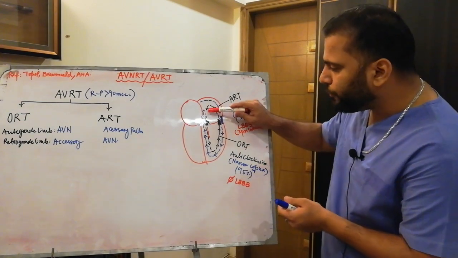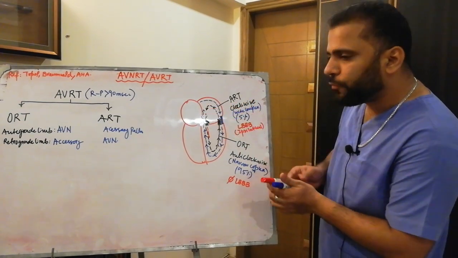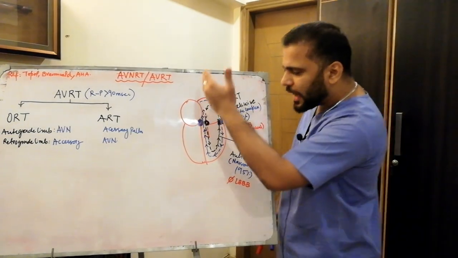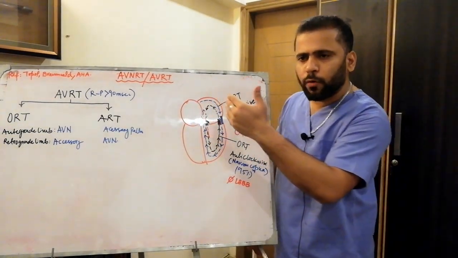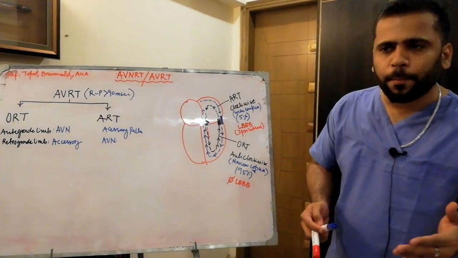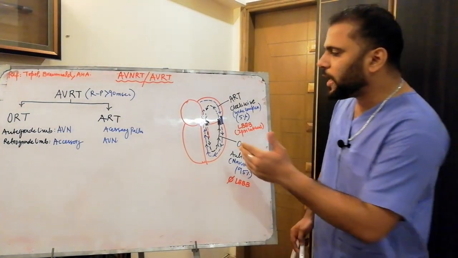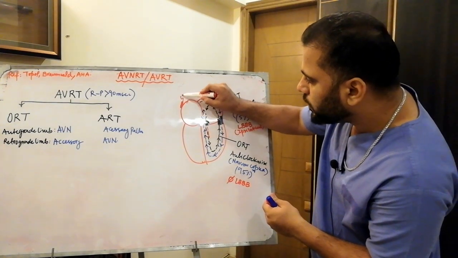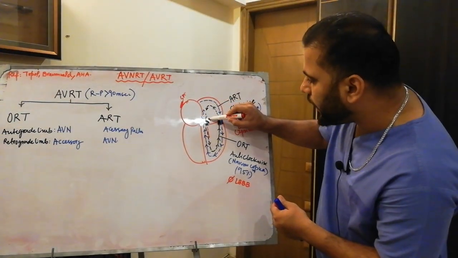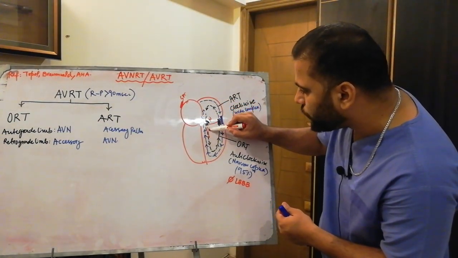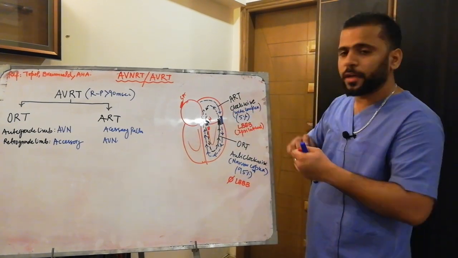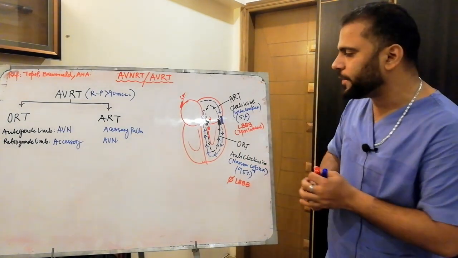So it is following the natural pathway of the impulse, as we discussed in our last lecture, that your impulse has to follow the natural pathway to spread into the heart, from the SA node and the AV node, and then the His fibers, the Purkinje fibers, and then the fascicles.